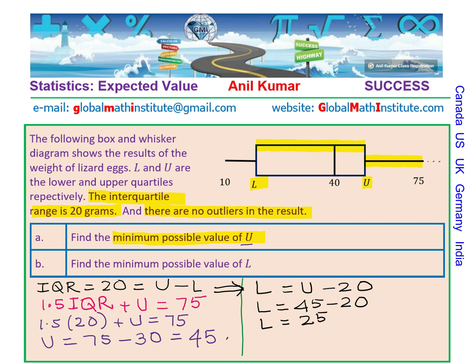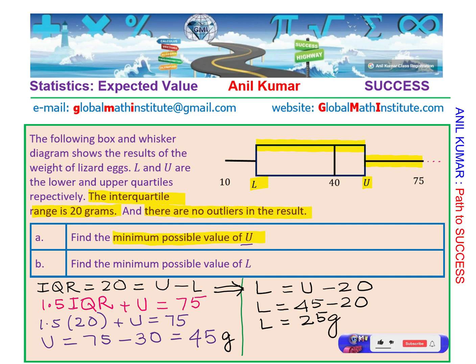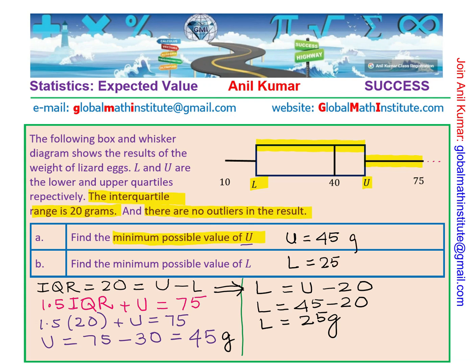The units are in grams, so let's put grams here. Makes sense. So we got this value of U equals 45 and L equals 25, and the values are in grams. Makes sense? That is how we are going to solve this particular question.